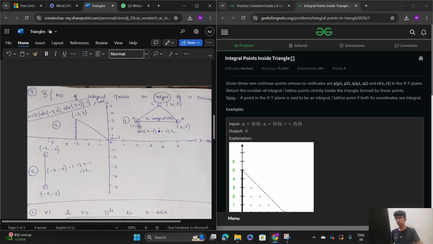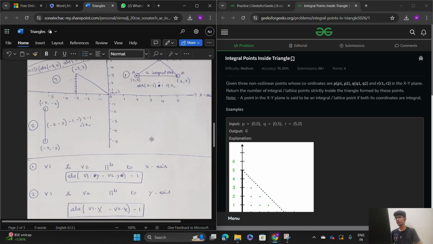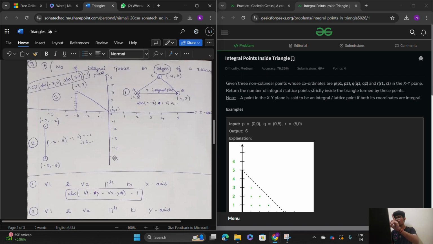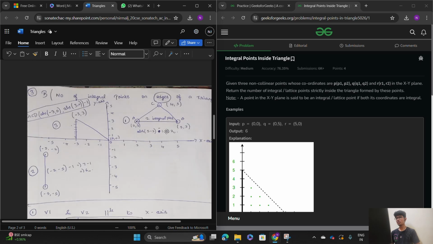You can see 2 comma 3 and 5 comma 3, and this is parallel to the x-axis. When this is parallel to the x-axis, I'm going to subtract the y coordinate of one point and the y coordinate of the other point. I'm going to subtract it and give out my answer as positive. For that case, I have used ABS. So when you separate it, you will get the value as 2.